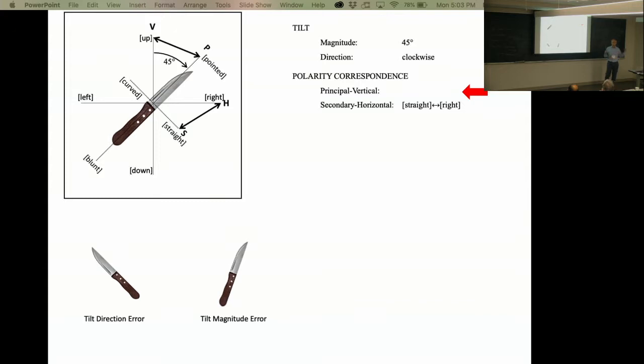You could get lucky and reconstruct it correctly, but on the other hand, you could make a mistake in which you mistakenly assume that the pointed end of the knife was toward the down end of the vertical axis. In that case, when you have a problem with the principal axis, you will end up making an error that takes the form of a reflection across the secondary axis.